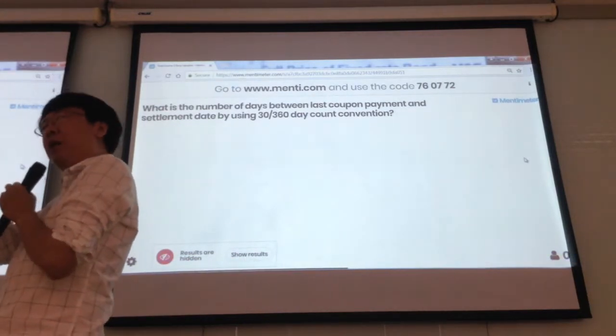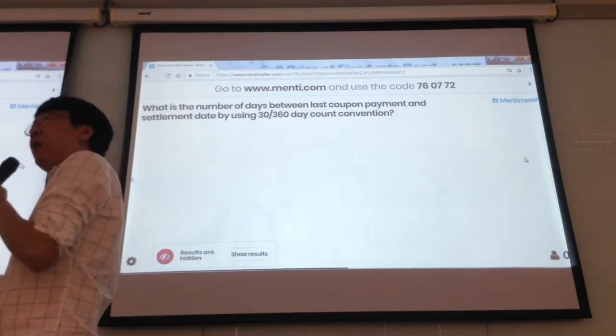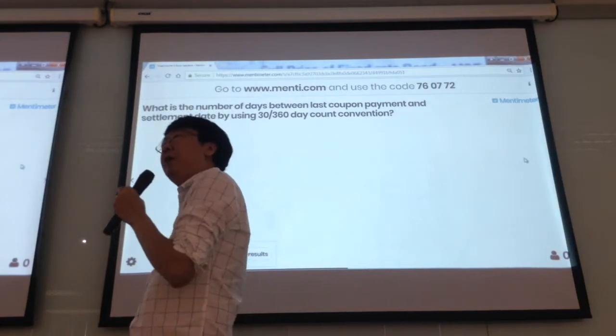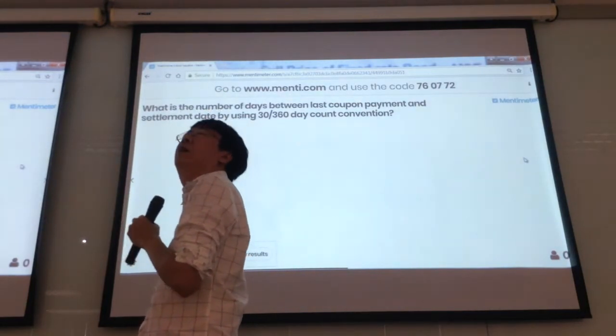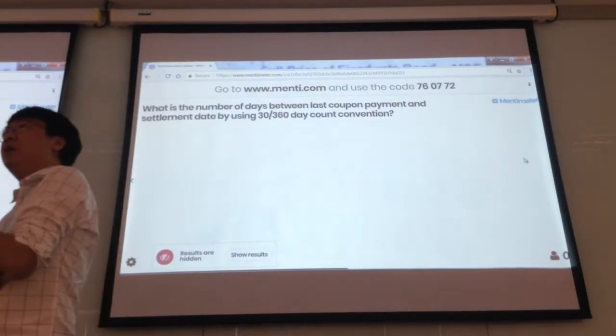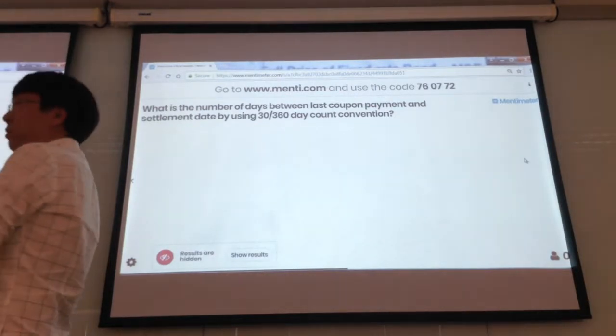Suppose in the same example, but I change from actual to the 30/360 day count convention, how many days are there between the last coupon payment and the settlement date?